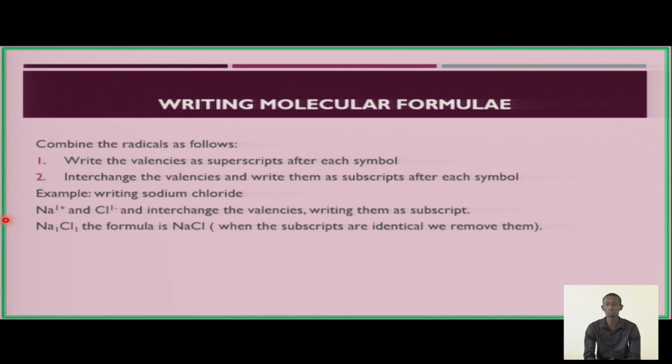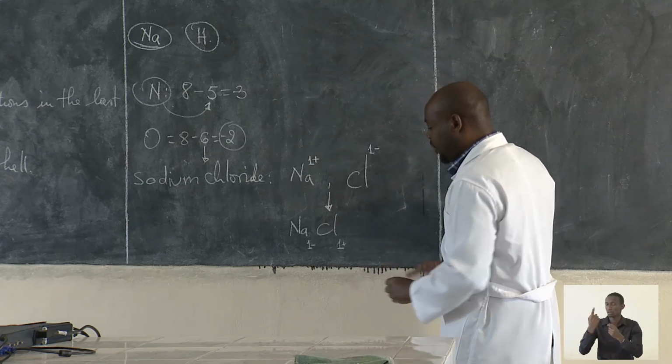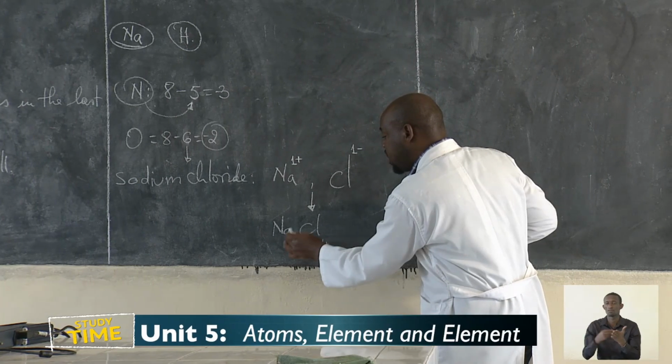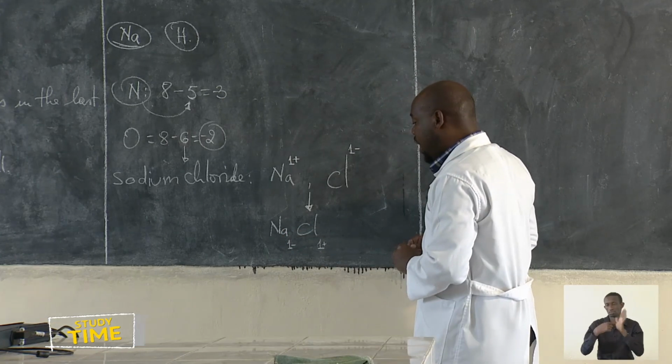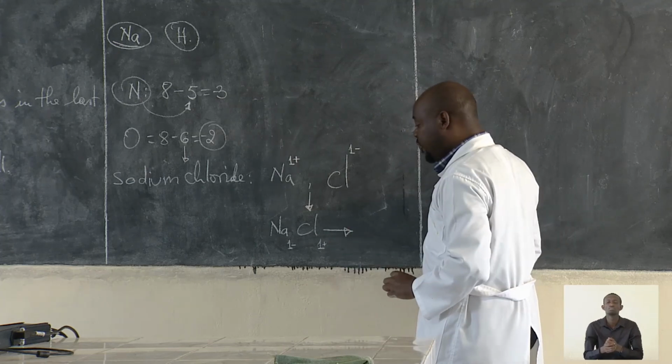Let's say we have sodium with 1 and Cl with 1. Remember, it is 1 positive and 1 negative. We have interchanged the valences and we have written them as subscripts after each symbol. And how do we get the final molecular formula?